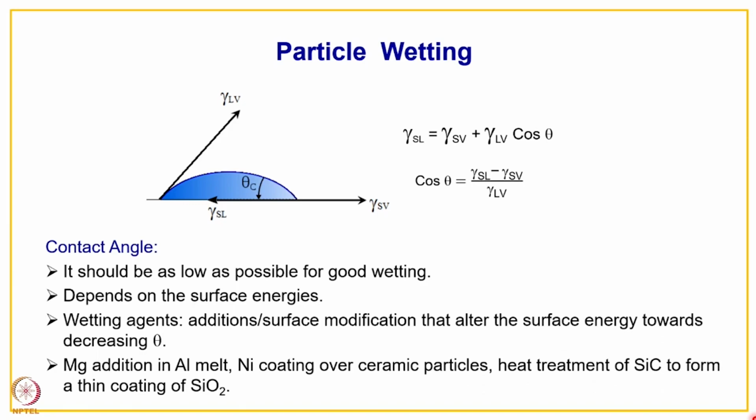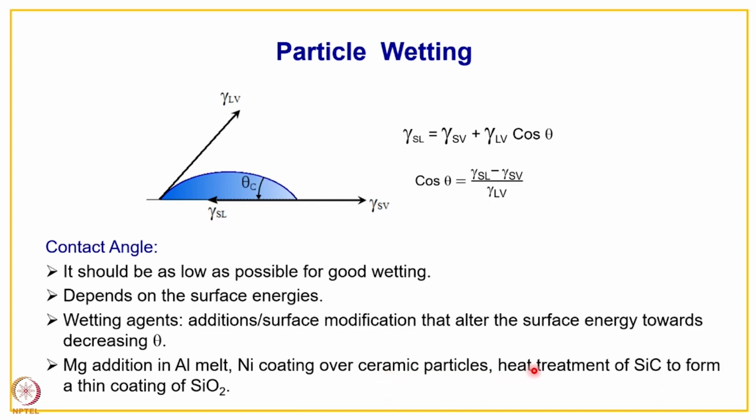Okay, so if you could coat that ceramic surface with another metal which has good wettability with aluminium, then there will be good bonding. So you can have a very thin coating of a metal like nickel on ceramic particles, and this will ensure that the bonding between the particles and aluminium is good, because now the bonding will take place through nickel and not directly through the surface of the ceramic particles.